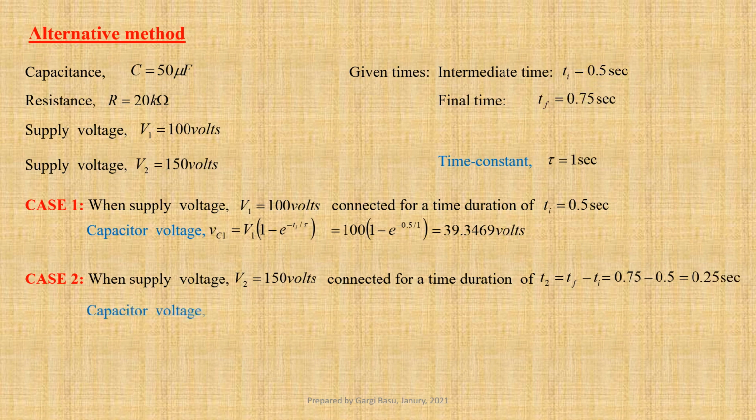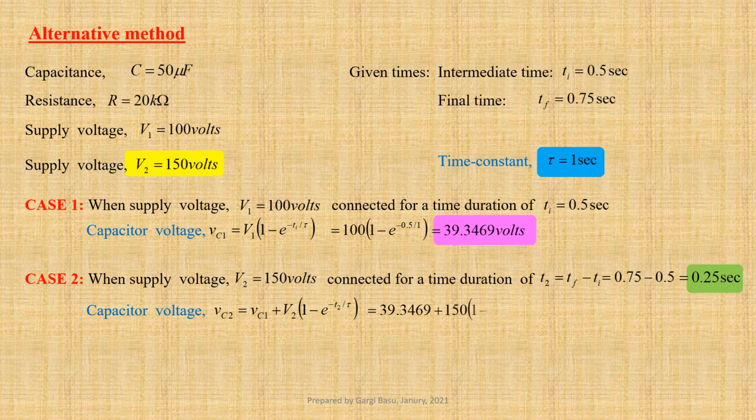Capacitor voltage Vc2 equals Vc1 plus V2 into 1 minus e to the power minus T2 by tau, that is equal to 39.3469 plus 150 into 1 minus e to the power minus 0.25 by 1, that gives us 63.8233 volts.